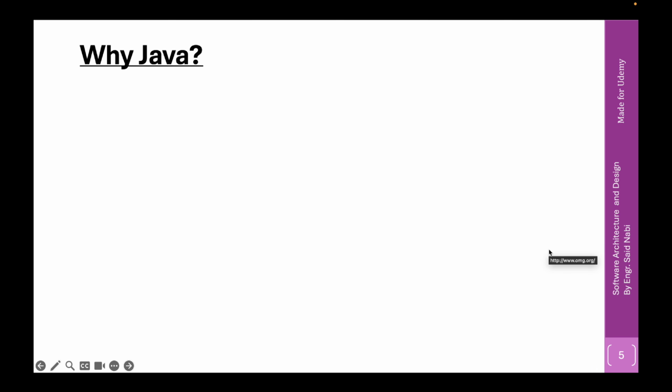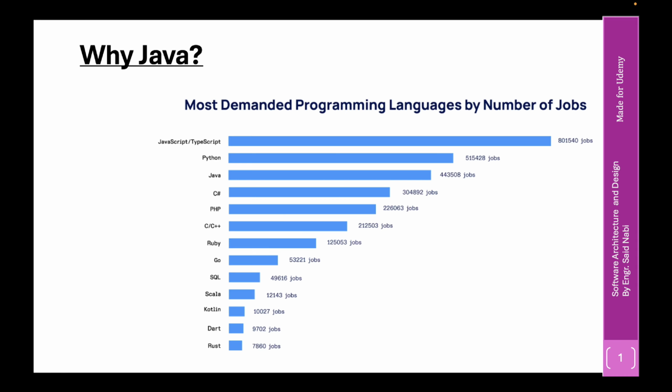And we will be using Java as a programming language while demonstrating all the design patterns and architectural styles, because Java is the most demanded programming language by the number of jobs. Here you can see in the top three, Java is there.